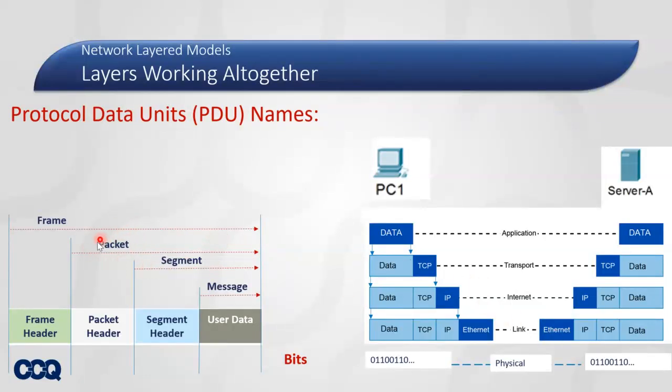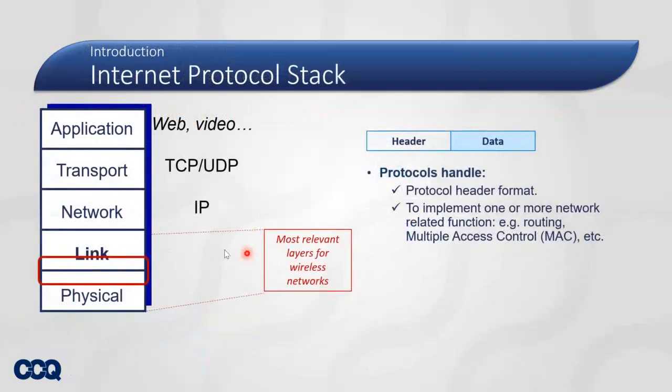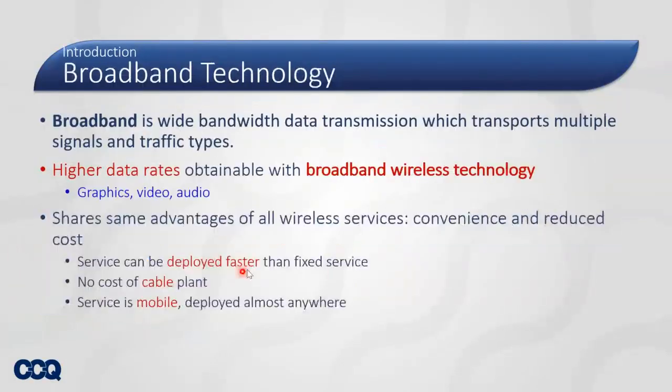In the link layer, we call it a frame. Then, in the physical layer, we call it bits. Here we convert bits to electrical signal, which passes through the physical medium. So in wireless communication, we are interested in these 2 layers, the physical layer and the link layer.